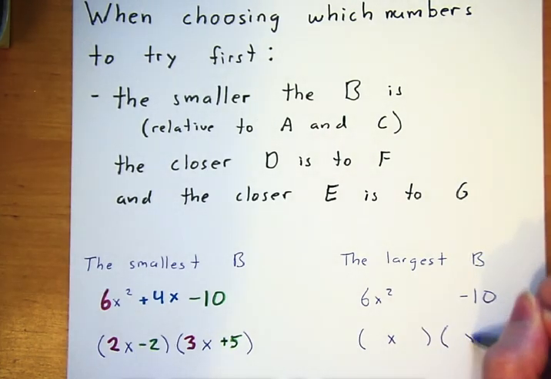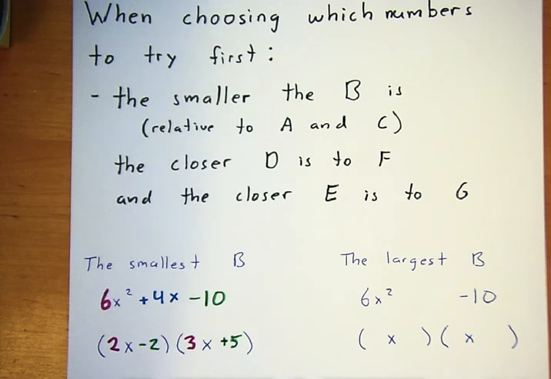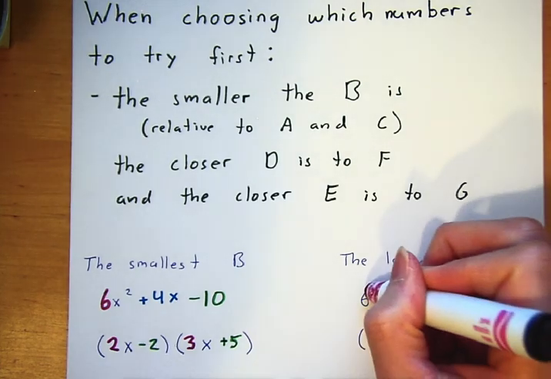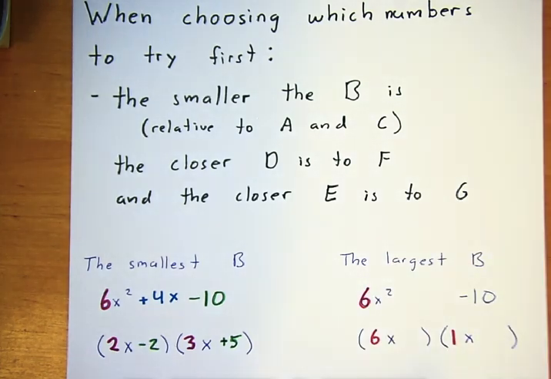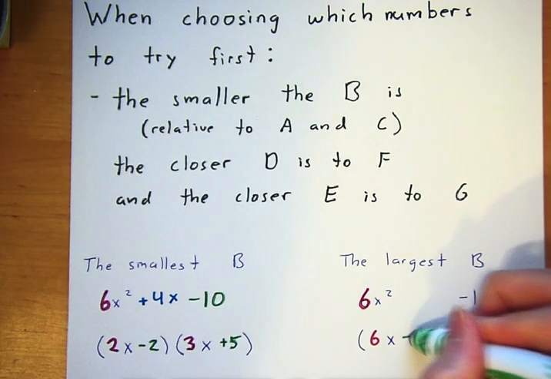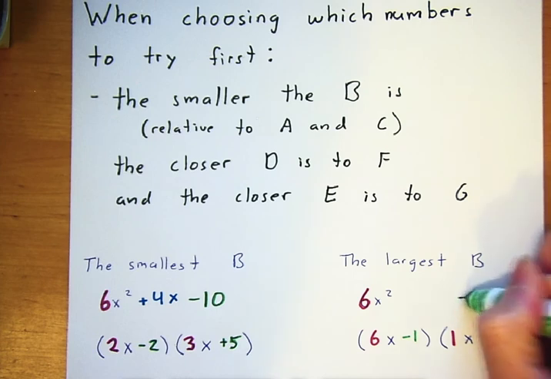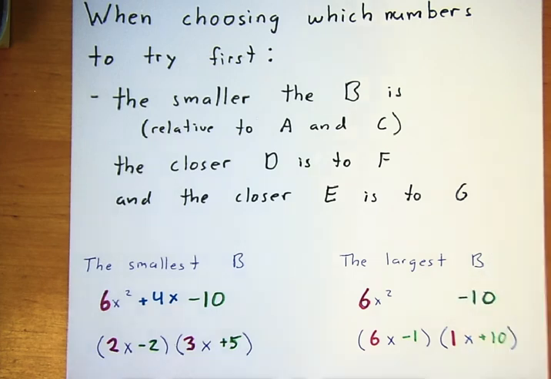Once again, this will be x and x. And if I used 6x and 1x, so once again, those are the factors of 6 I'm using, and I decide to have it be 6x minus 1, 1x plus 10, with the -1 and the +10 being factors of my -10 there.